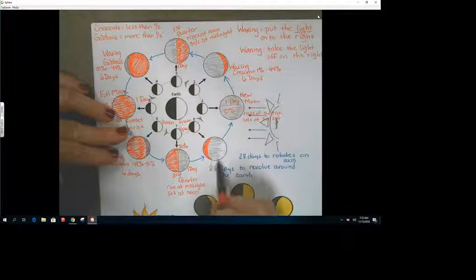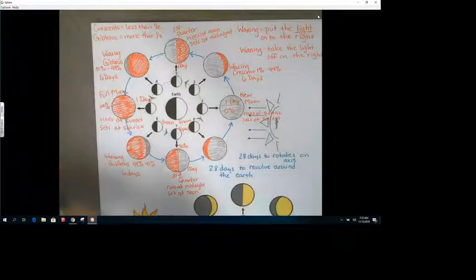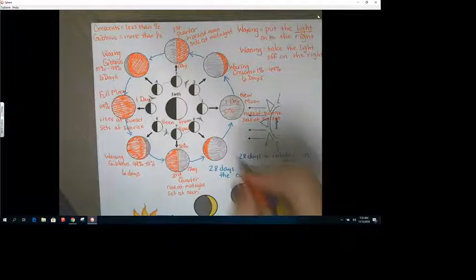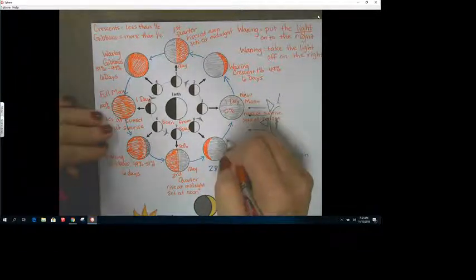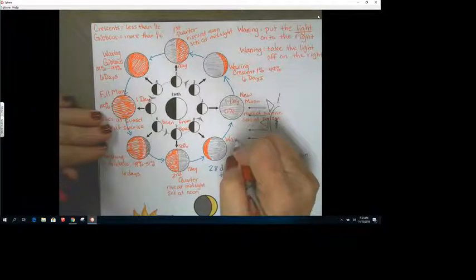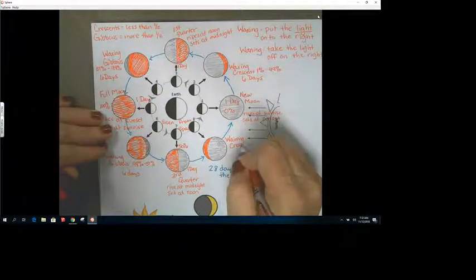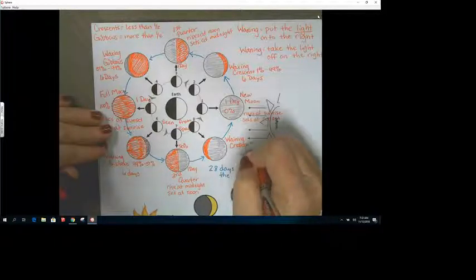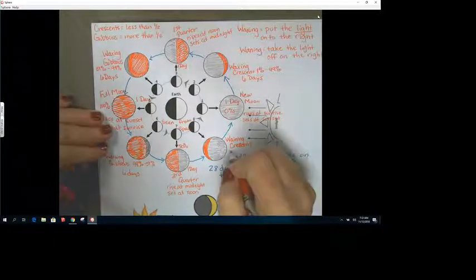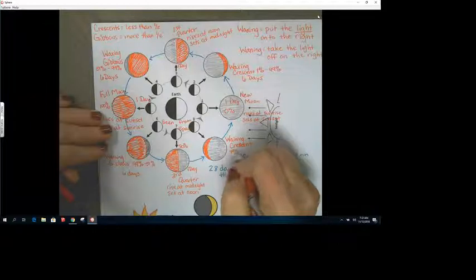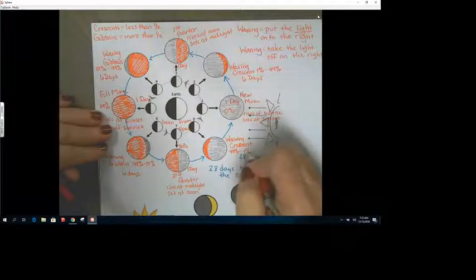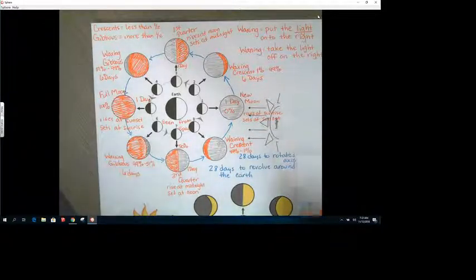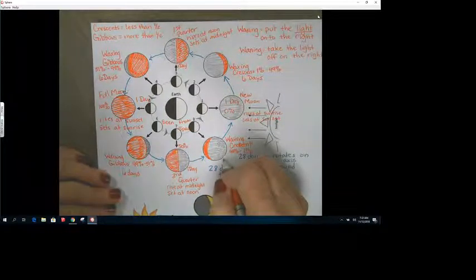So we start to see as the light is coming off of the moon, it's going into the new moon phase. So this is going to be my waning crescent. The waning crescent can go anywhere from 49% to 1%, and it's going to last about 6 days.